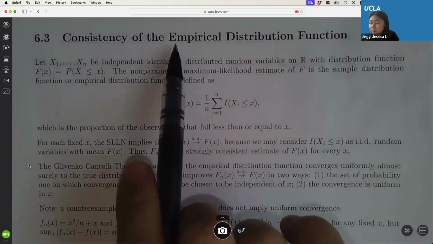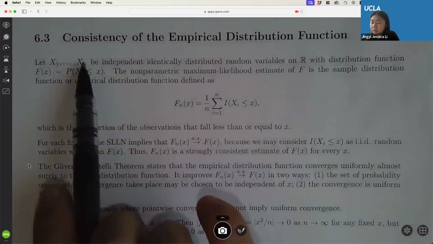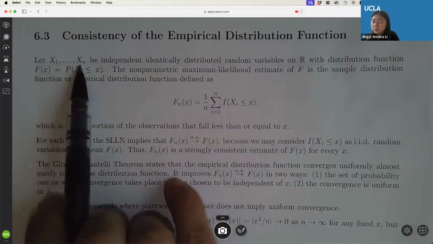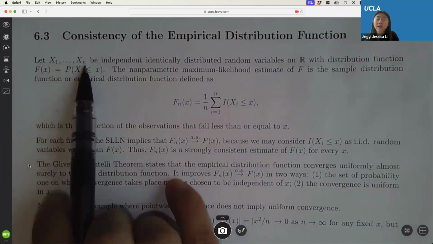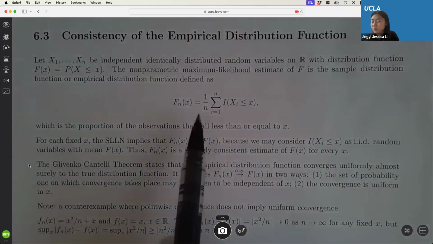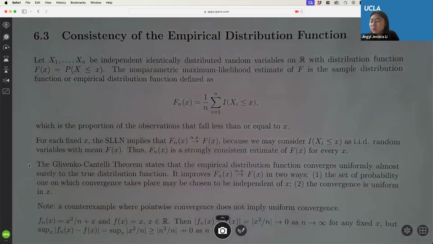But we can obtain an empirical distribution from just our sample x1 to xn, especially when n is large. We can get an empirical distribution quite close to the true distribution, the true CDF. So what is it?